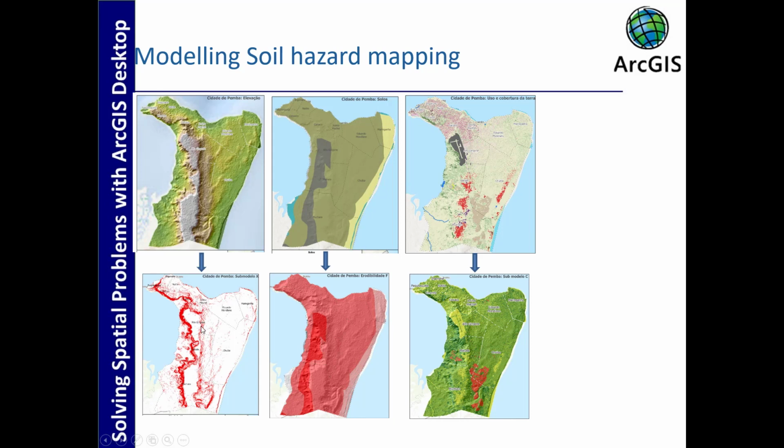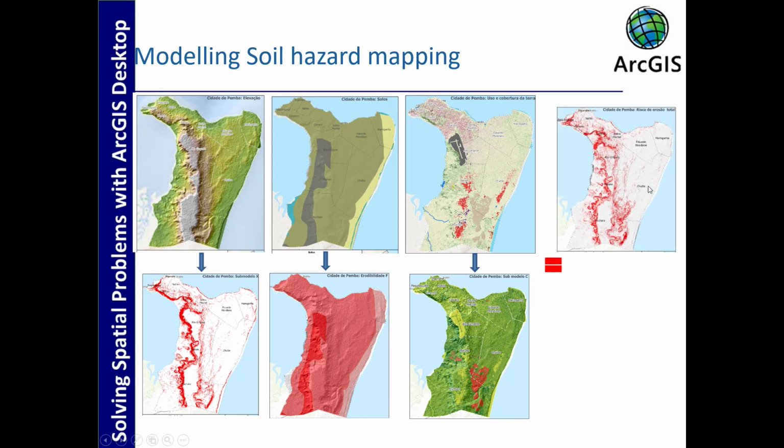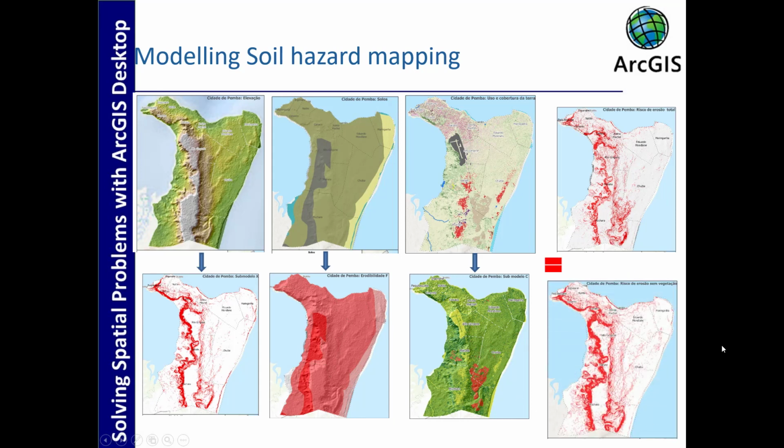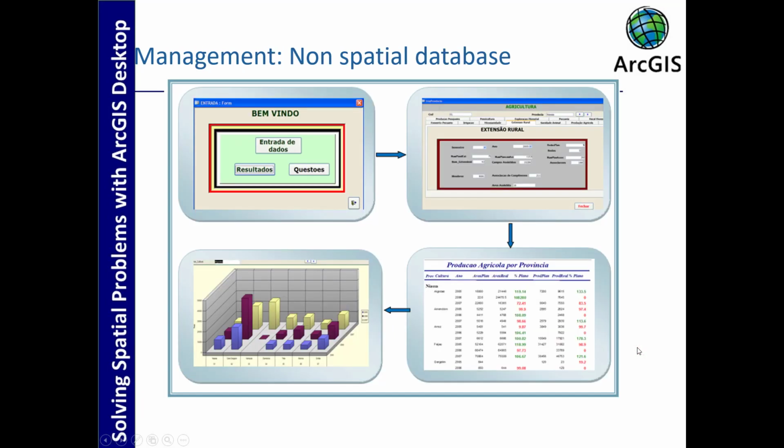For this, we can produce a hazard map related to each factor, and then we combine the factors to have the total hazard map where we have a problem of erosion. And this is another simulation. If you remove all the vegetation in the area, what will happen? So this is again the area of higher risk.